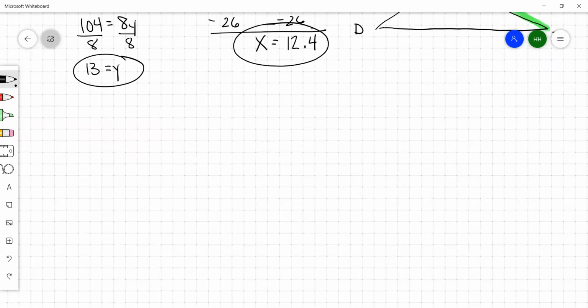So it's going to be page 259, problems 4 through 7, and then 9 through 16.